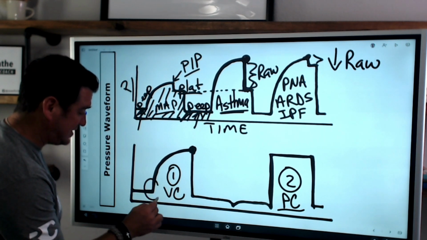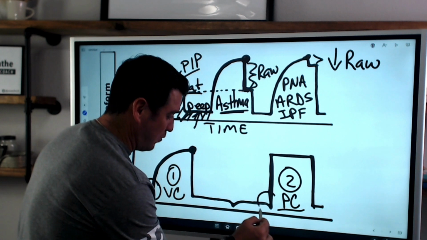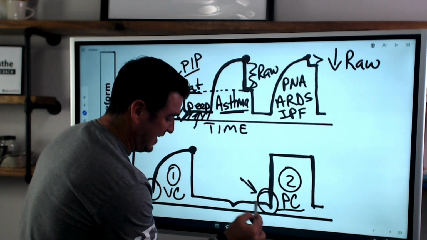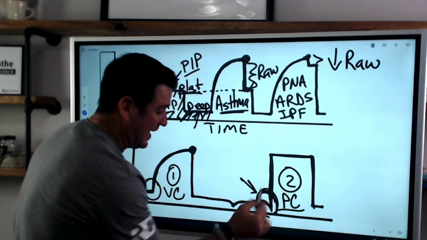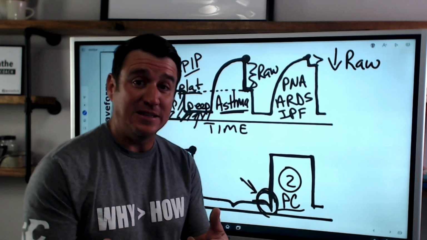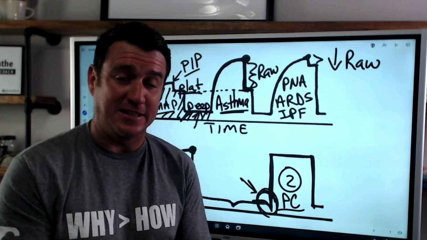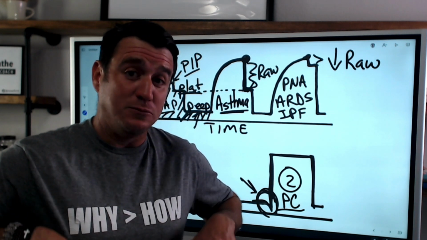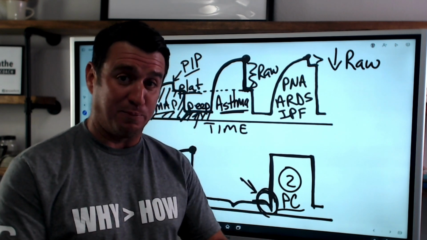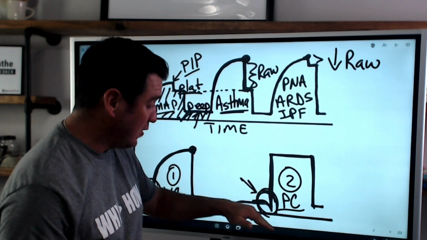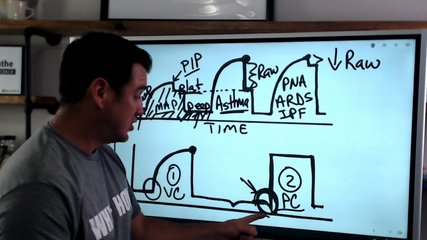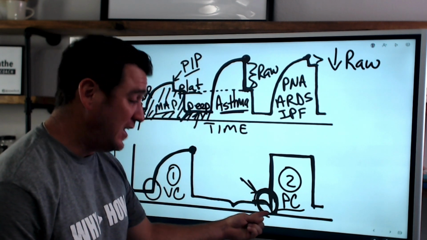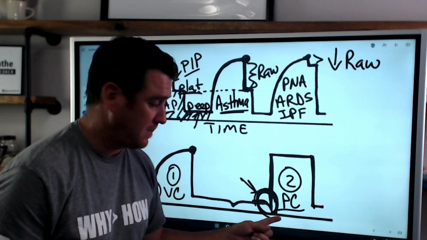If you do not see a deflection, like what we see here, see that deflection right there? That dip downward means that the patient initiated this breath. Their diaphragm dropped, created a negative pressure, pulled pressure out of the circuit, and gave you this deflection. So this one would be a patient-initiated breath.